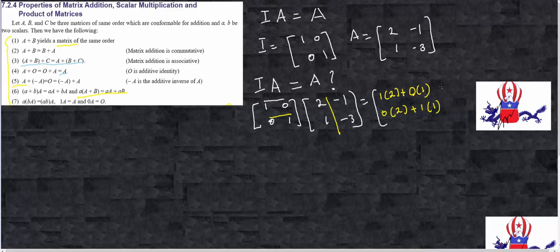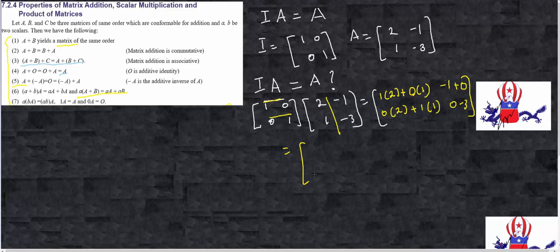Of course, I'm running out of space, so let me try to squeeze, followed by the row with the column. So that's going to be -1, followed by 0 multiplied by -3. That's going to be +0. The row multiplied with the column, that's going to be 0, and -3 multiplied with +1 would give me -3.